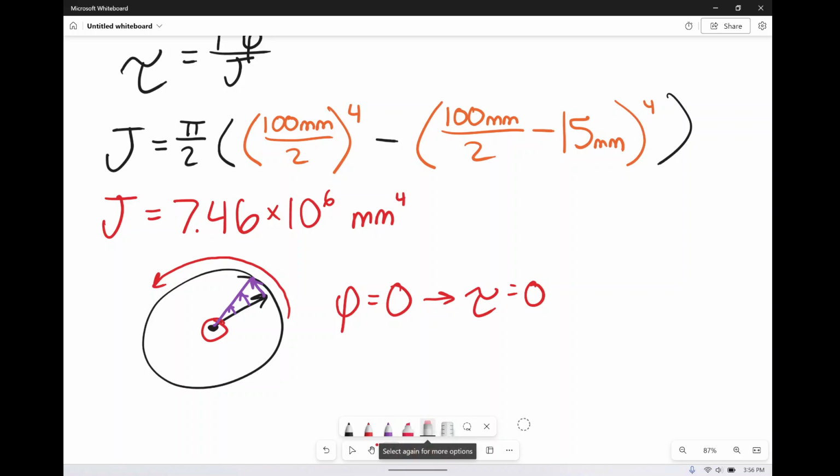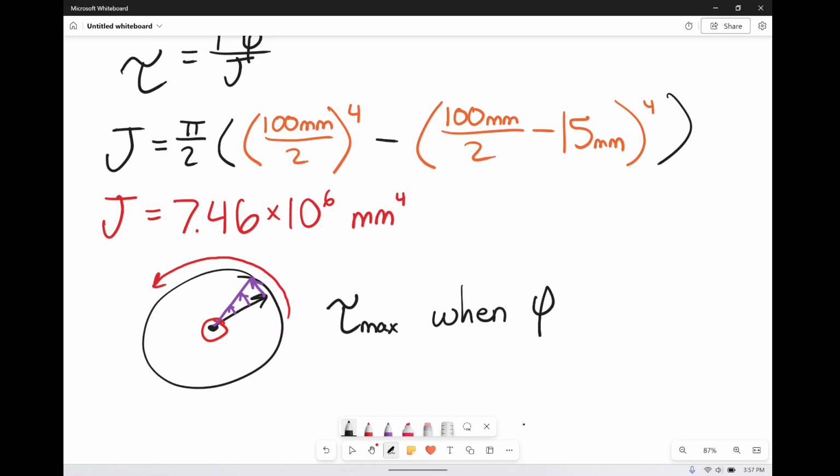So if I want tau max, my maximum shear stress, that is when rho is rho max, which is, in this case, the outside radius, because we're a tube.